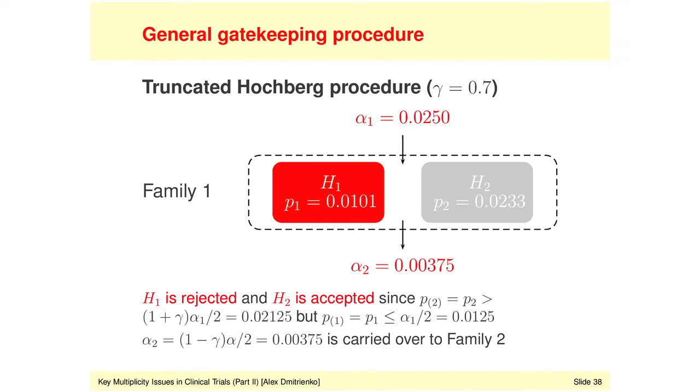And secondly, we need to figure out how much alpha can be carried over to the secondary family. We can use the formula that comes from slide 37. The alpha level, alpha 2, the local alpha level for the secondary family, is equal to (1 minus gamma) times alpha over 2. And in this particular case, it ends up being a relatively small value, 0.00375. That is a function of the fact that gamma was set to a fairly high level in the primary family.